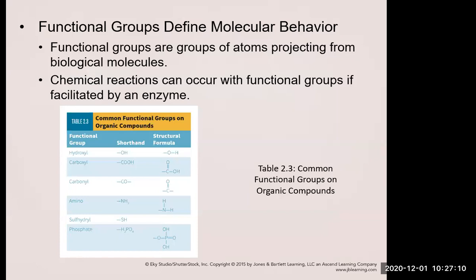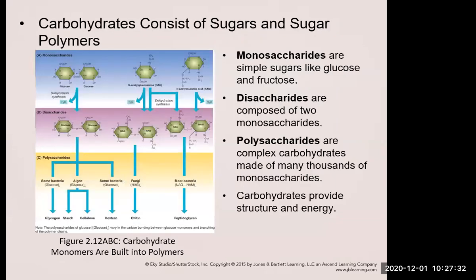An enzyme is a special type of protein, but all enzymes are proteins. Not all proteins are enzymes, but enzymes are proteins that catalyze chemical reactions. And they're going to do so by acting on the functional groups. This slide looks a whole lot more complicated than it is. This is just breaking down sugars.